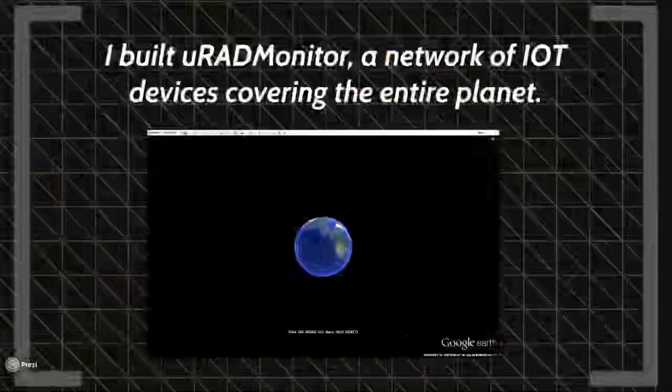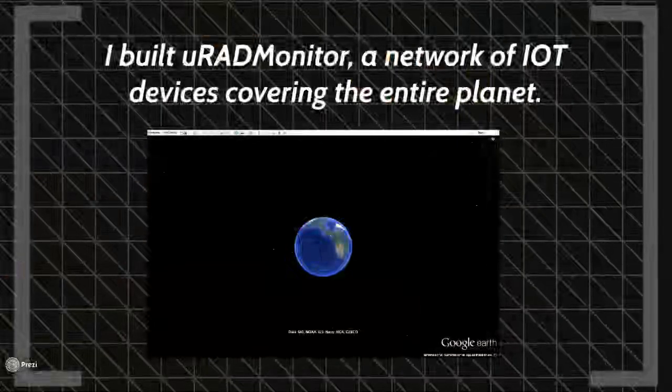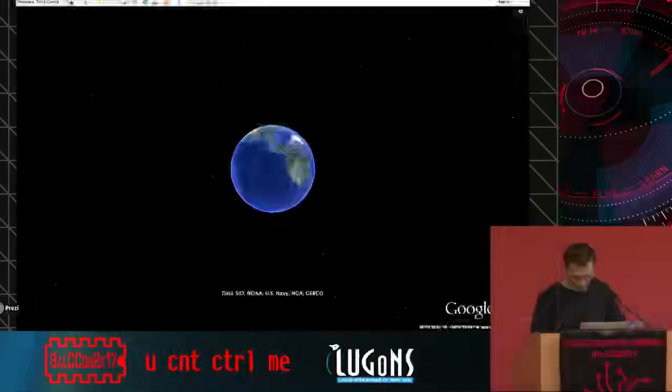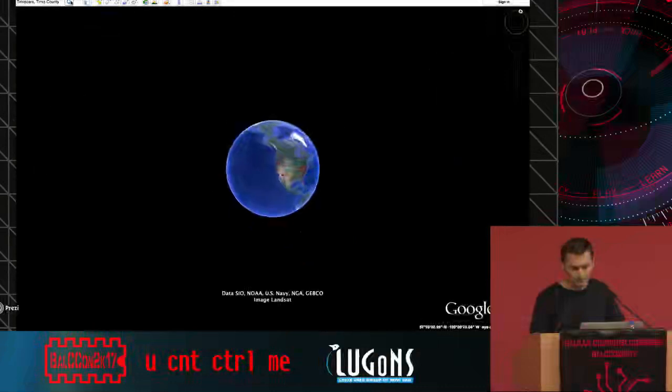But someday I decided to build something more interesting, and at some point I built a network of devices which cover the planet, and that became the URAD monitor, which looks something like this.